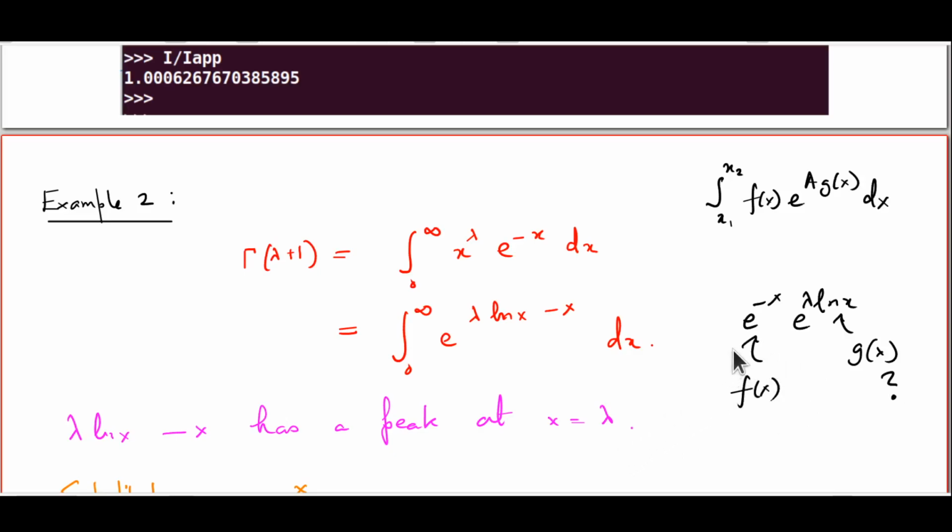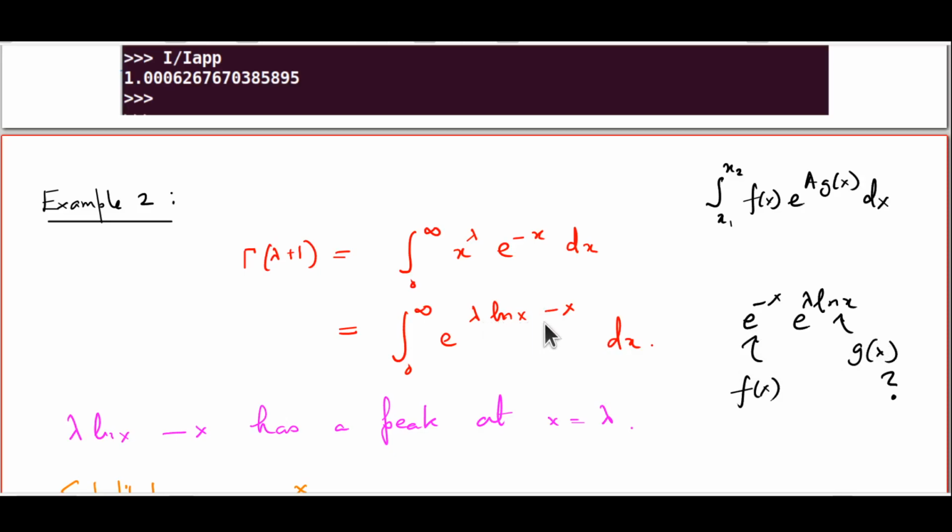However, this is not going to work for the simple reason that log x, the thing which multiplies lambda, does not have a maximum within the interval of the integration. Log x is a monotonically increasing function and it only peaks at the edge which is at infinity. So we cannot really use our steepest descent approximation directly in this form.